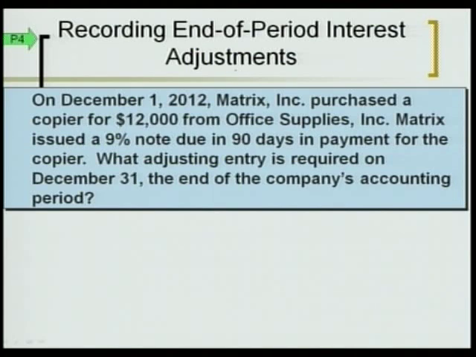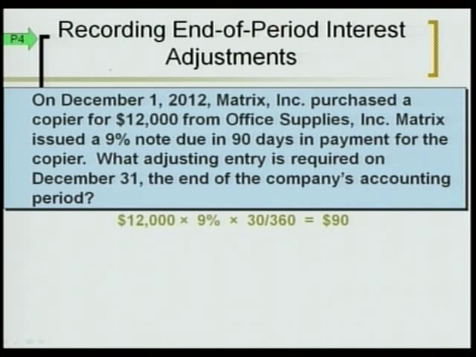Here's an example. On December 1 of 2012, Matrix Inc. purchased a copier for $12,000 from Office Supplies, issued a 9% note due in 90 days in payment for the copier. Now here, this 90 days is after December 31 of 2012, which is when we do our balance sheet, right? So we have to accrue 30 days worth of interest.